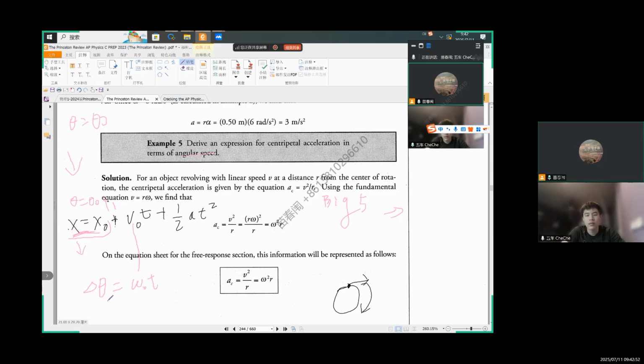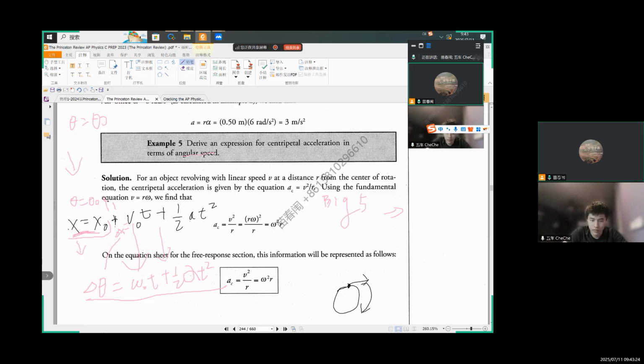So I can use omega 0 t plus one half alpha t squared, where angular acceleration is alpha, and t is the same. This is coming from here. Because I wrote this one as delta x, this one is delta theta, which probably makes more sense. Of course, delta x is just x minus x0.